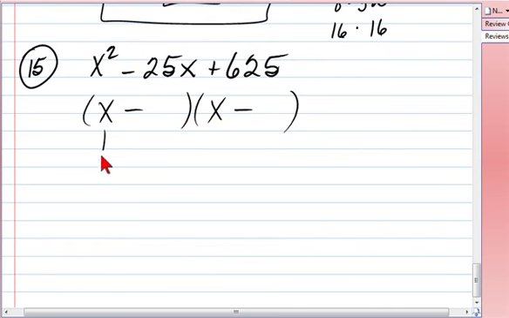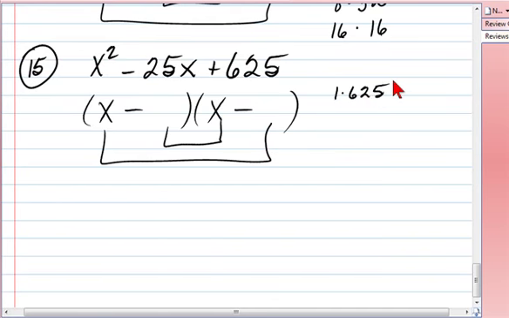I need the outer plus the inner product to add up to be 25. So 1 times 625 won't do. The next number that's going to go in there is 5, and it's 5 times 125. And those don't add up to be 25.